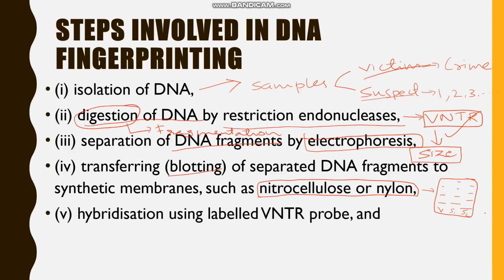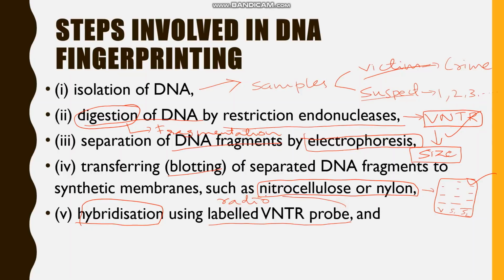The next step is hybridization. As I told earlier, this nitrocellulose sheet consists of single-stranded DNA fragments, and these DNA fragments are actually the VNTR sequences of victim samples and suspect samples. These single-stranded DNA fragments are then hybridized using labeled VNTR probes, in the sense radio labeled DNA probes.